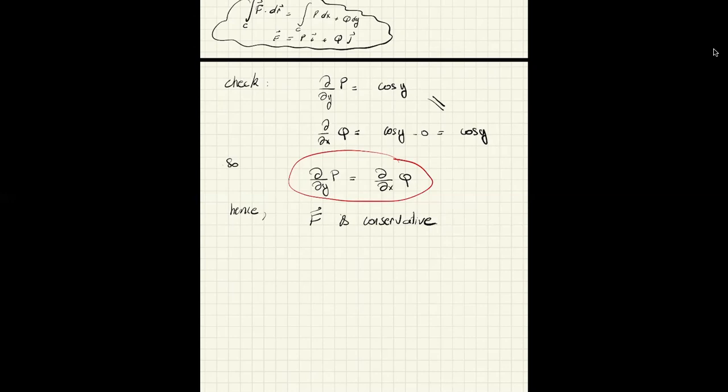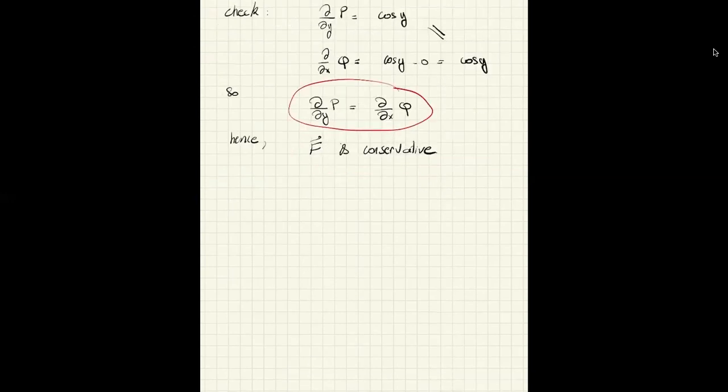Okay, so what does it mean? It means that F is the gradient of a function f. But this does not solve the problem because you want to evaluate the integral over C. And if you want to evaluate the integral, you need to find f.